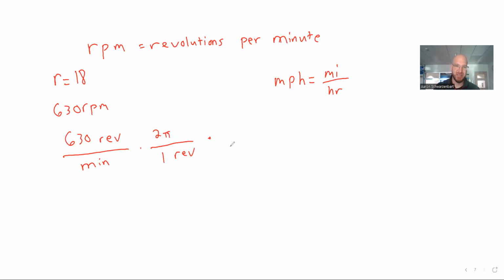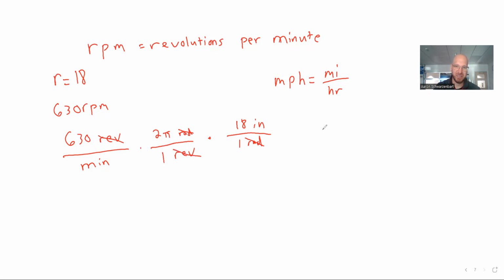So now I've converted to radians. I want to multiply that by the radius. I have 18 inches here for 1 radian. That's a little bit of a strange conversion factor there.